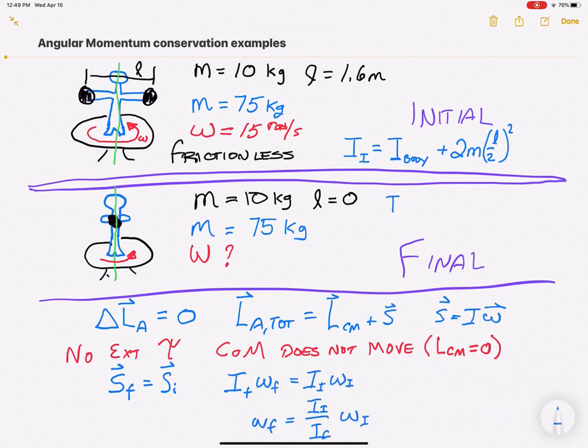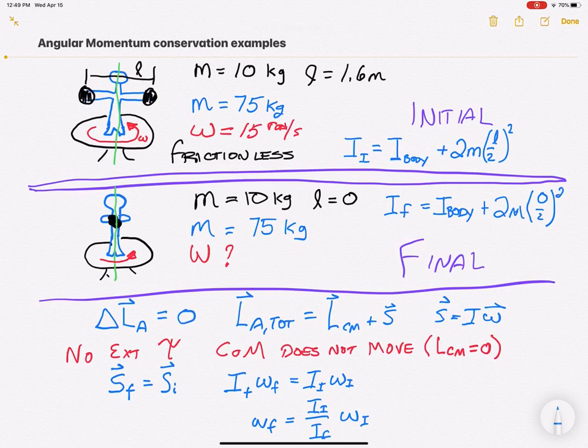The final case, we have the I of the body and we've brought the two masses to a point where they are 0 distance away from the center of mass.